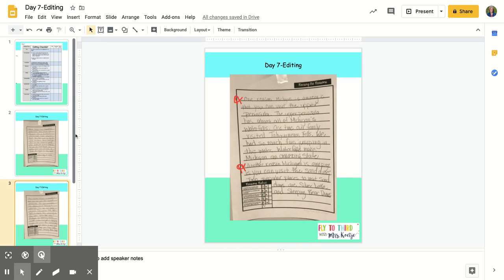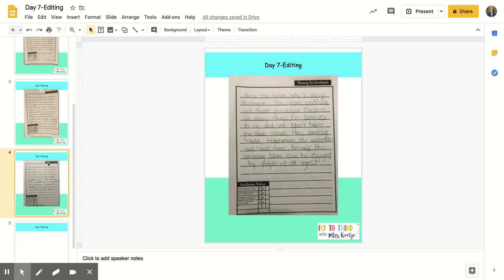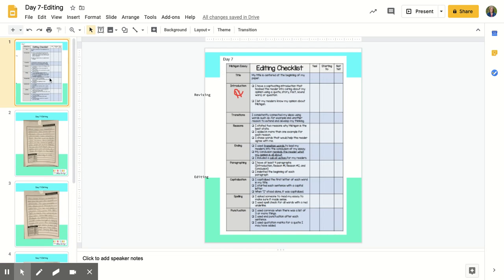And then finally, we're going to look at the conclusion. Look at that. I started to kind of do it, but I better remind myself. So I'd rather do that than forget when I'm actually typing it out. So there I go. I've made some editing marks there to make sure I had my 4 paragraphs.